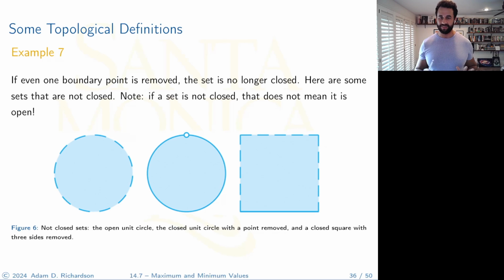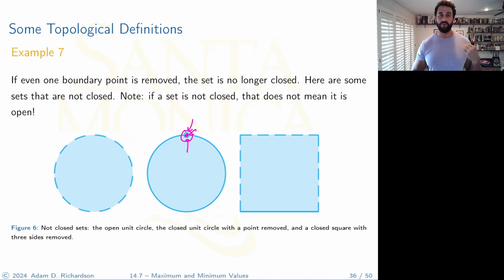Topology can be weird in that way, but this is a set that is just not closed. Why? Well, this is a boundary point, because if I pick it and draw a little circle around it, it contains points inside and outside.